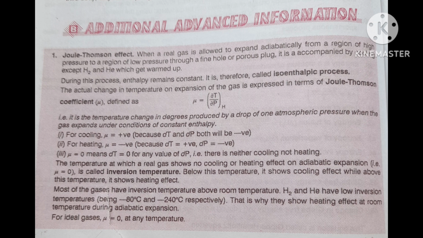Again, I want to repeat one sentence because that should be clear: as Q is not a state function, therefore C, heat capacity, is also not a state function. Hence, how will you come to know the value of C?